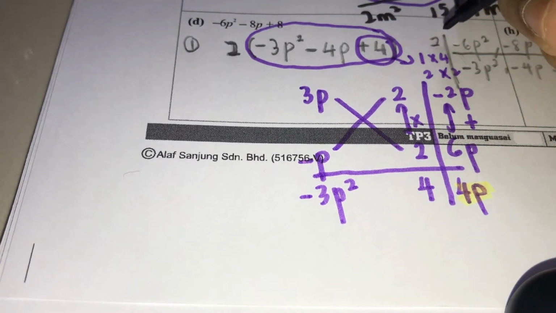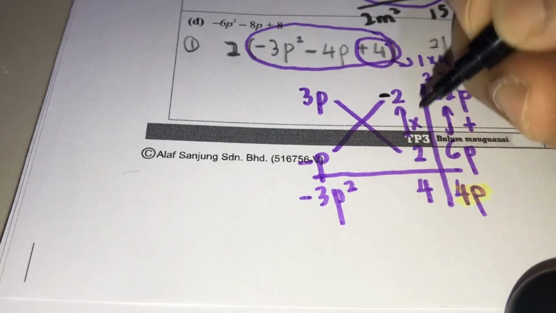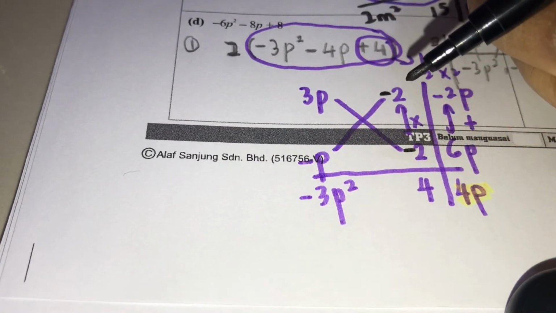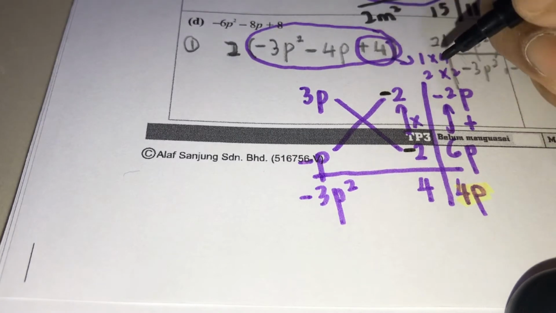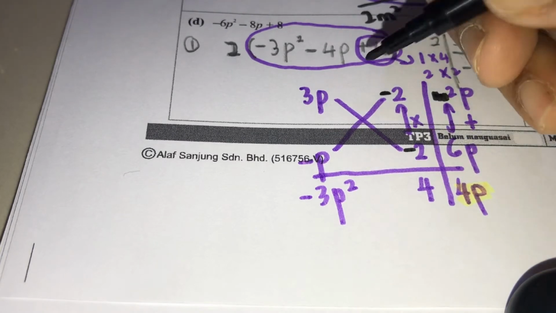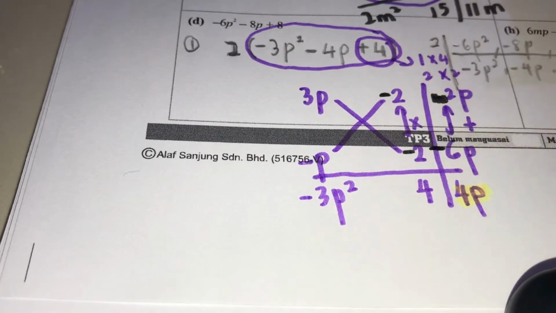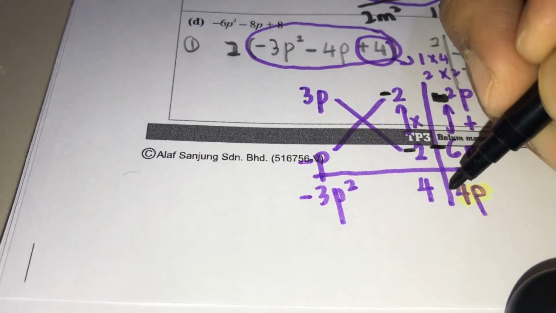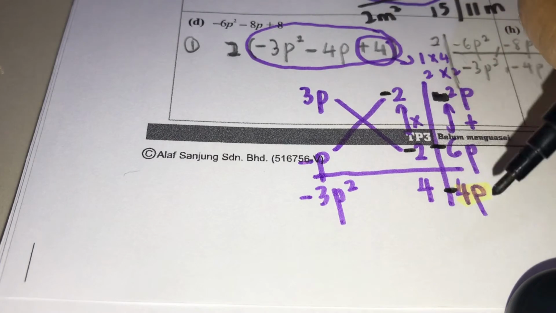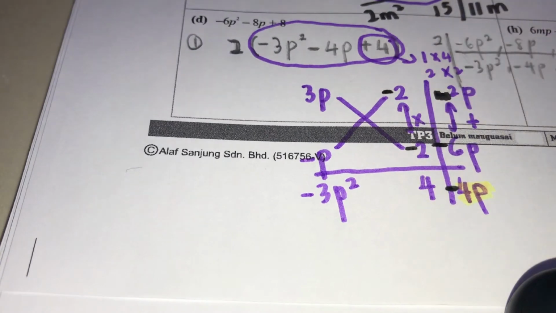You know that 2 times 2 is 4, so you can change to negative 2 times negative 2, because negative times negative you get positive. So negative p times negative 2, you get positive 2p. And then 3 times negative 2, you get negative 6p. So you put here negative. Then you check. Now correct. That means the answer here must be negative 2, here also negative 2.